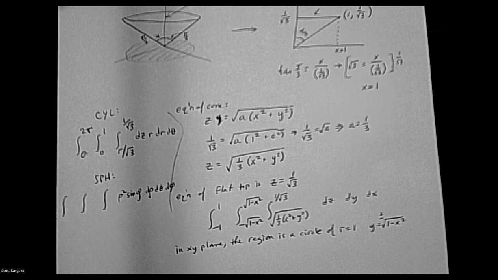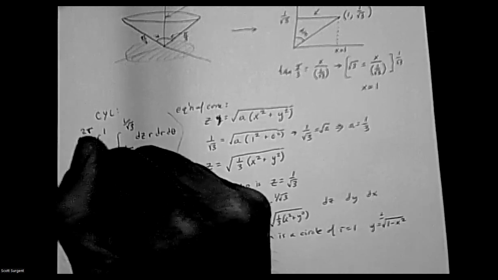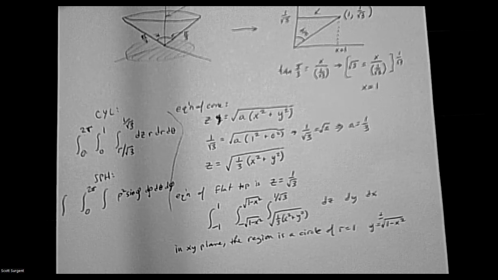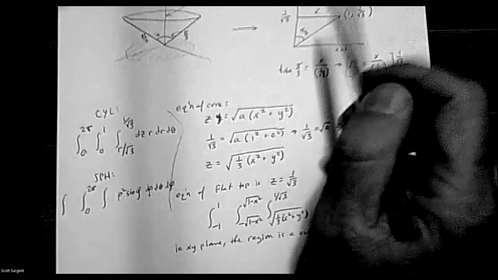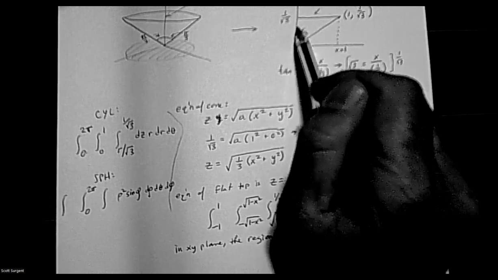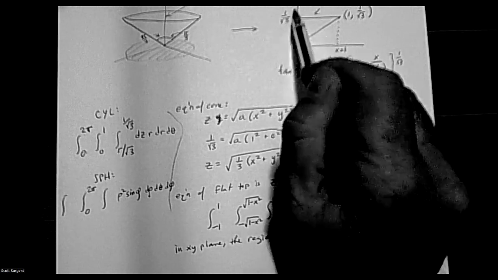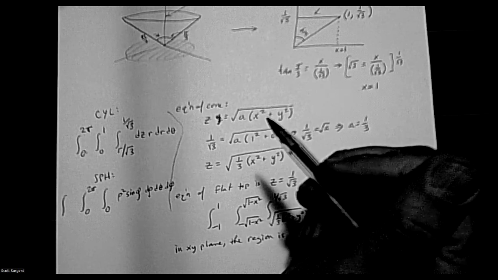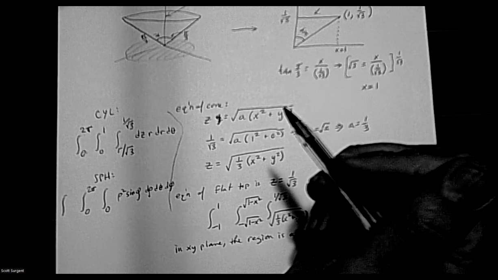The theta bounds are just 0 to 2 pi because that's the circle going all the way around. The phi bound is actually just what you see right here. It's just the lean from the z-axis. So z-axis is 0, so it's going to be 0 to, I'm sorry, pi over 3.